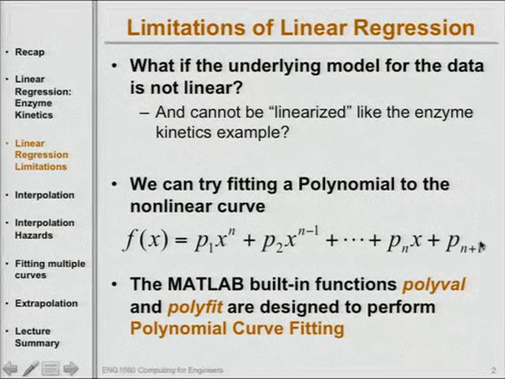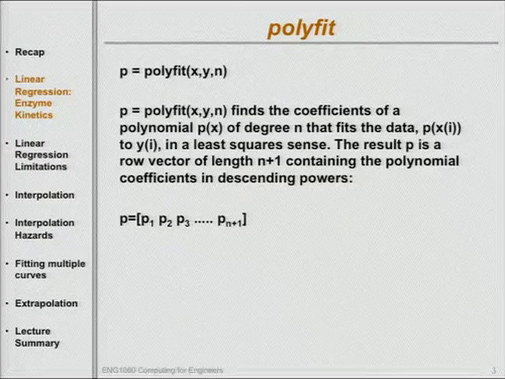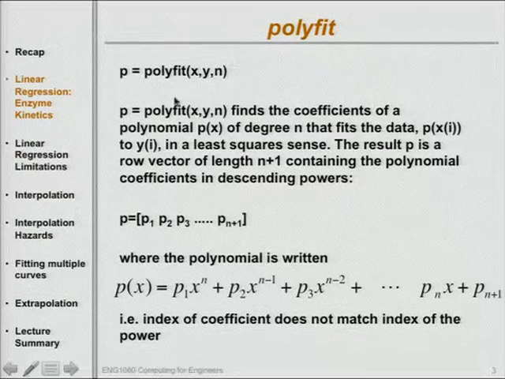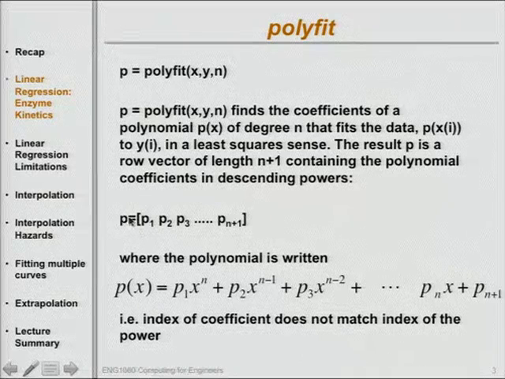MATLAB has some built-in functions, polyfit and polyval. They're two functions that are designed specifically to fit polynomials to data. Polyfit finds the coefficients of the polynomial that fits the data in a least squares sense. So if you've got a set of x and y values, you pass x, y, and n into polyfit, and it returns a vector of coefficients.